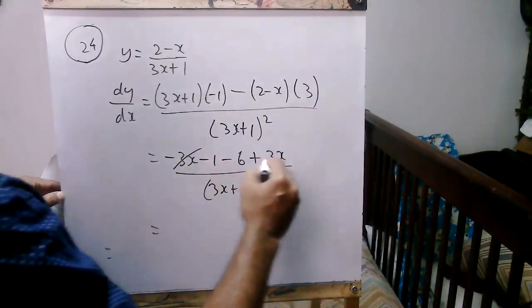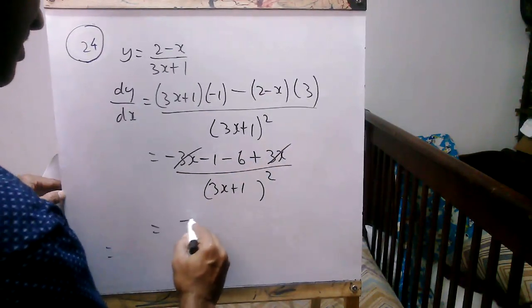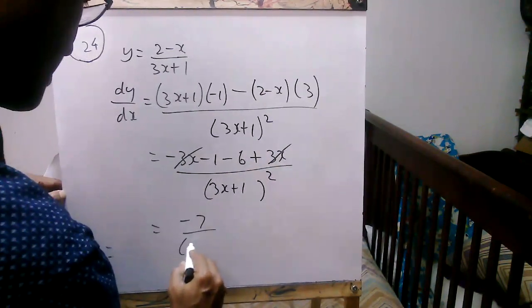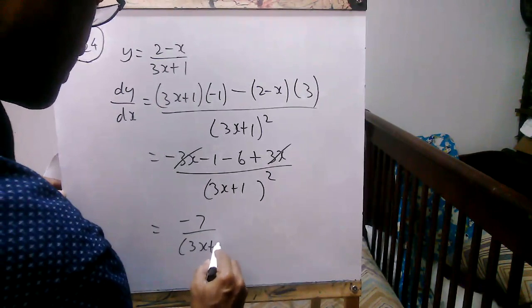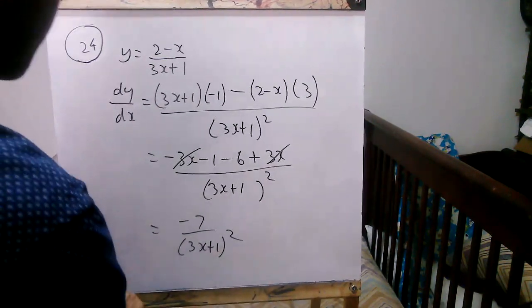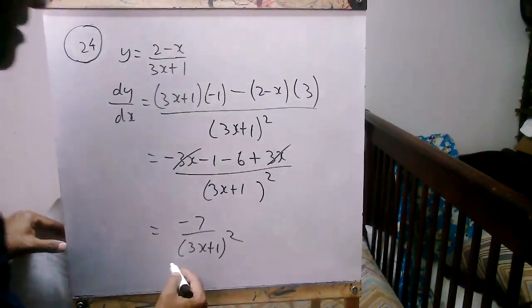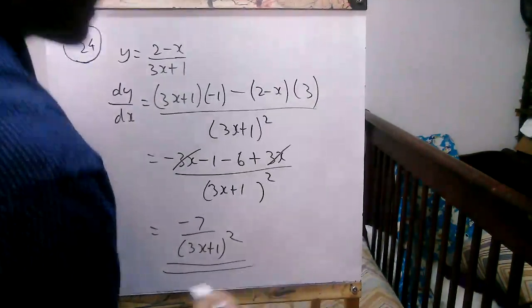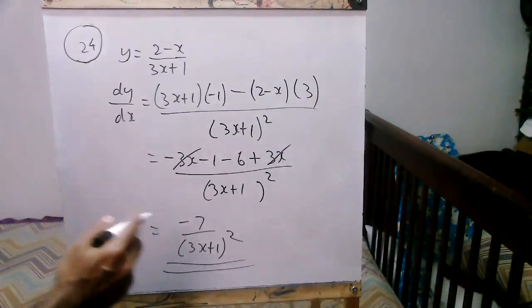These two cancel out, so we get -7 over 3x plus 1 square. Right, this is the answer. Answer choice A.